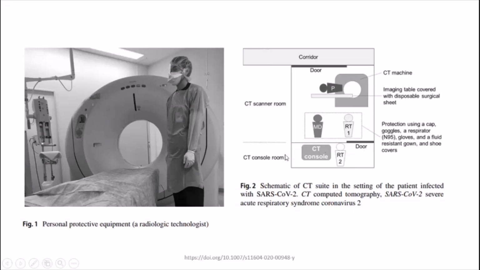But in the console room, you will have technologist number two. Why do we need two technologists? Because we cannot risk all of our technologists being infected and then nobody will operate our machines. Instead of technologists, we can ask some nurse or even some GP doctor, whom we show how to set up the patient.